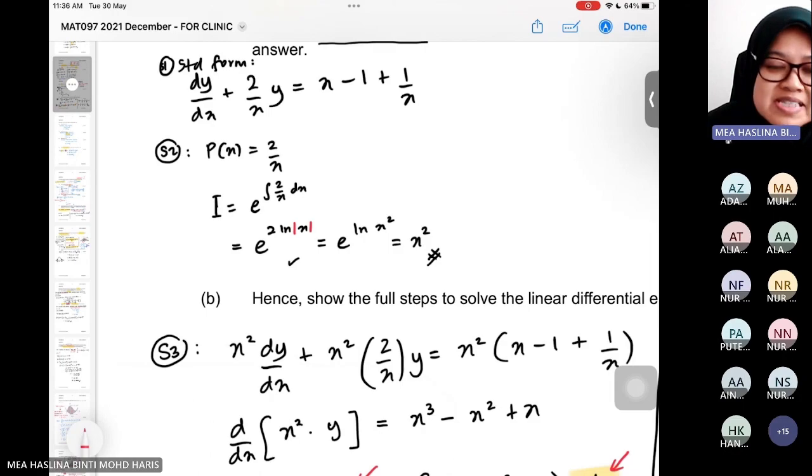Actually, you should have the modulus. But that modulus is actually to indicate that we cannot substitute a negative value into the natural log function. And then in the end, we will apply the law of index, which actually eliminates that modulus sign. So if in case you miss that modulus sign, usually we will still accept your answer.